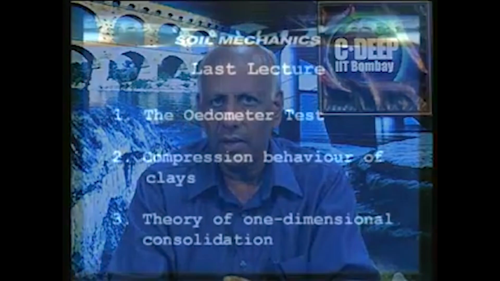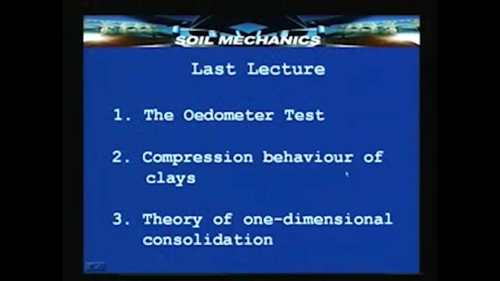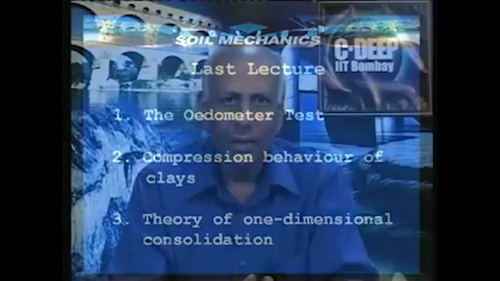A summary of what we had seen in the past is shown in this slide. As you can see, we discussed in detail first of all the odometer test, because it is the odometer test which gives us the void ratio versus pressure relationship. It is this relationship which we get from the odometer test that we idealize into a straight line in the semi-log plot.